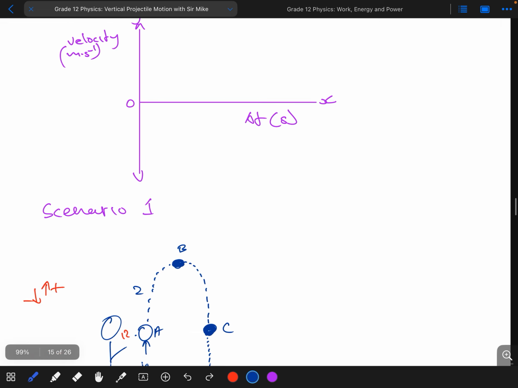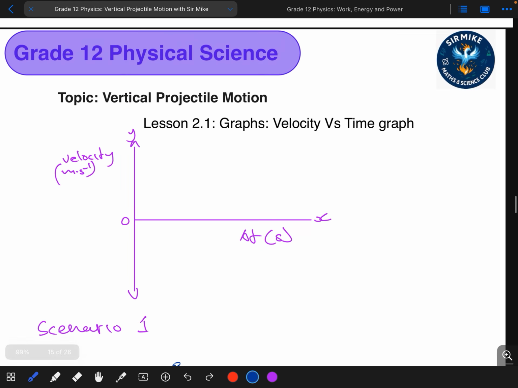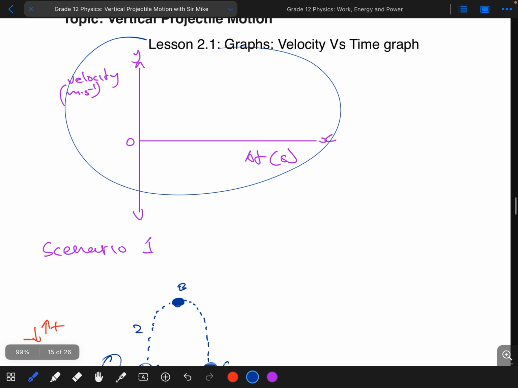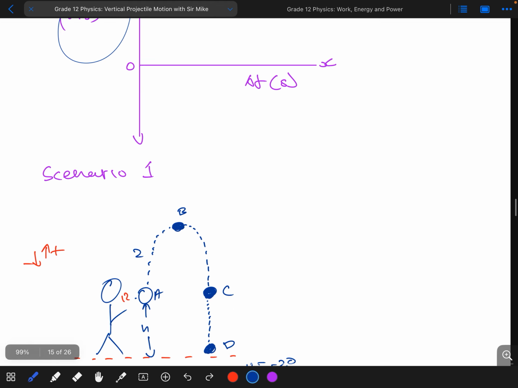Now if I were to treat these 2 points, remember according to what I said, we are going to represent the y-axis as the velocity, and the x-axis as the change in time, or time.